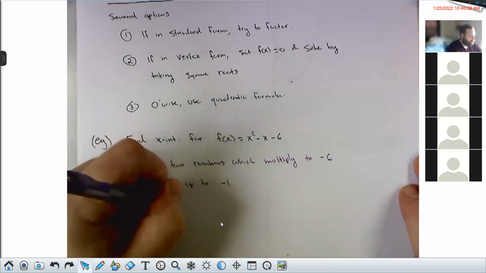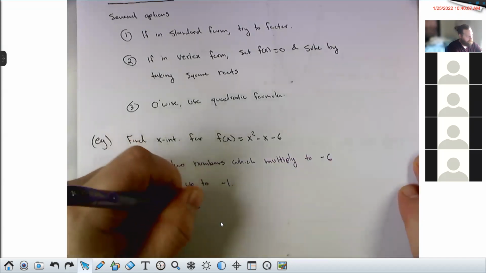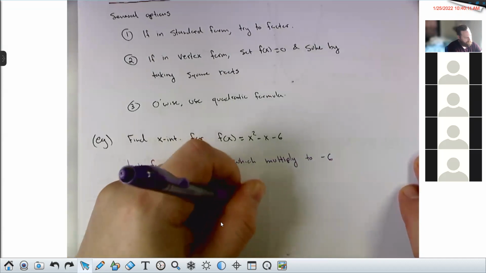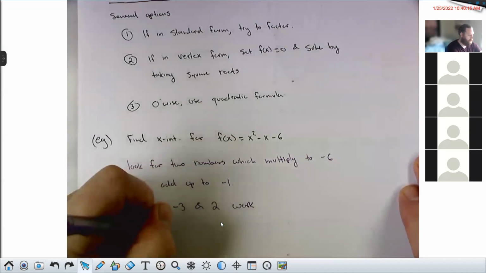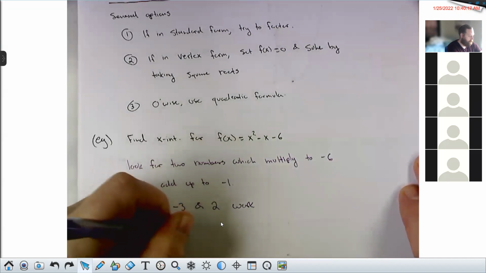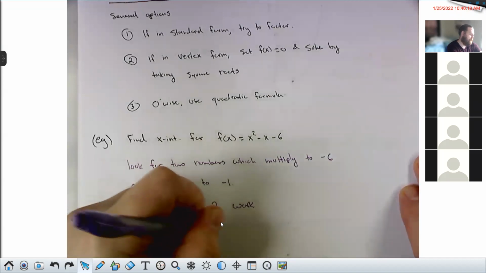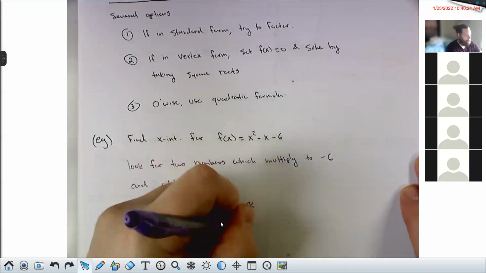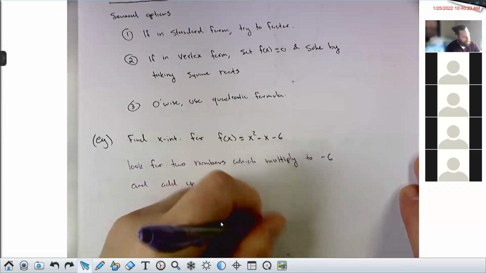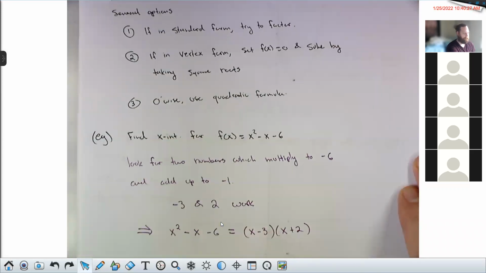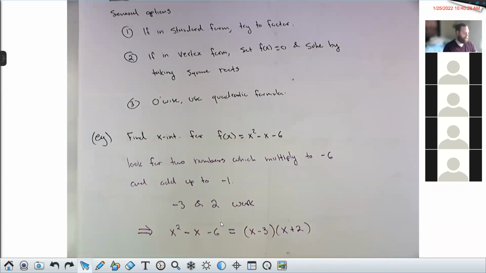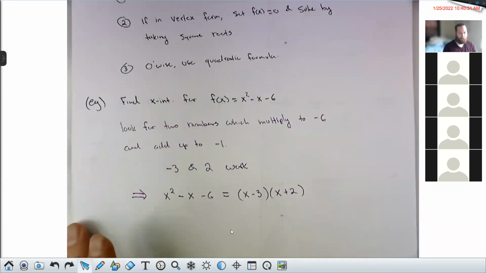Yeah. This means that I can write x squared minus x minus 6 as x minus 3 times x plus 2. And you can check by foiling.